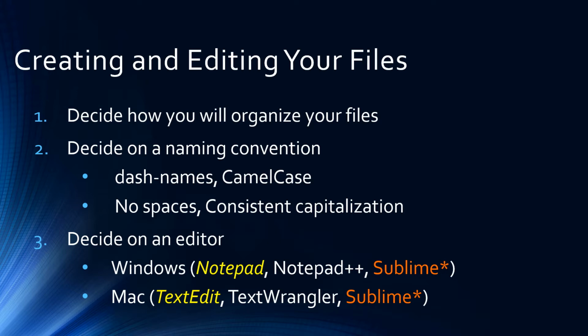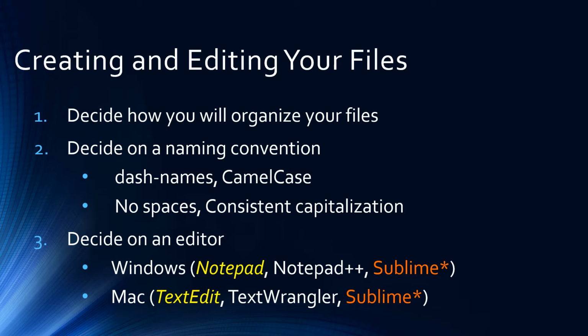Second, you need to decide on a naming convention. This is just a fancy way of saying decide how you're gonna name your files. Although many people use a Mac and you're allowed to use spaces in your file names, this is not something you want to do when you're writing code.